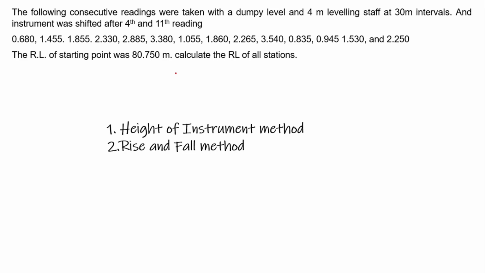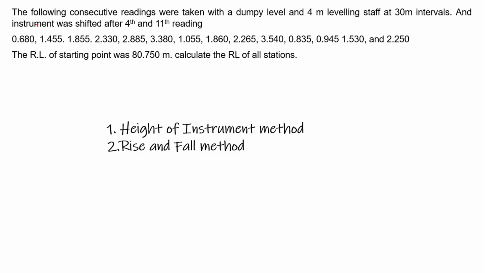You can see there is one problem. We are going to read it. The following consecutive readings were taken with the help of a dumpy level and a 4-meter leveling staff at 30-meter intervals, and the instrument was shifted after the 4th and 11th readings.